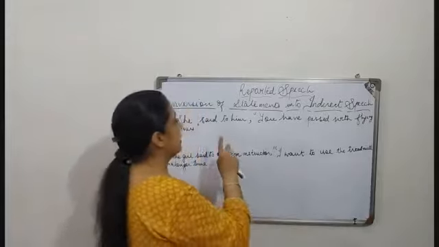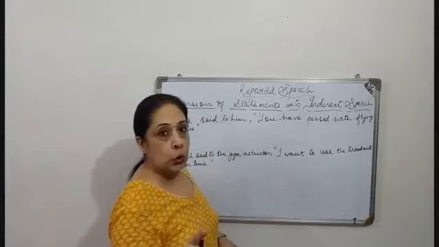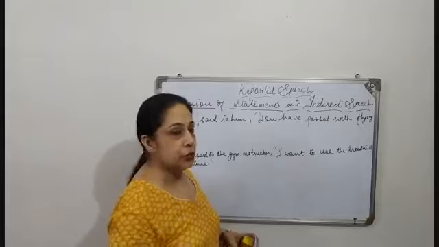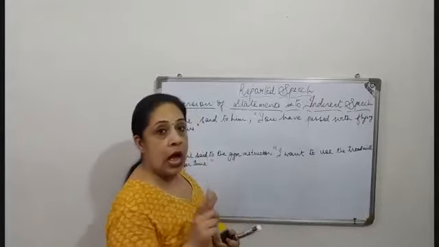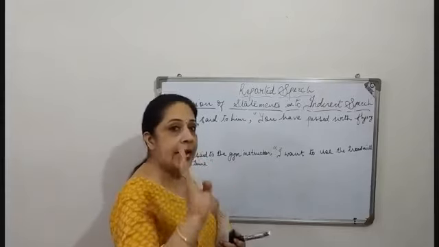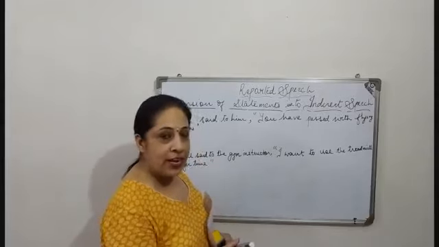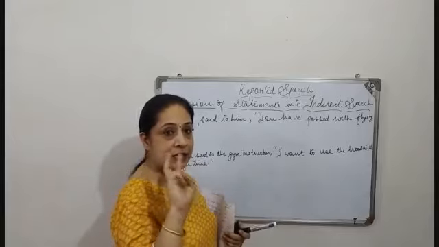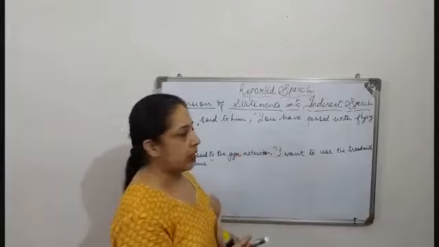And said to becomes told, or there are more reported verbs which we will do gradually. You should know how the pronouns are changed, how tenses are changed, how place and time words are changed. And if it is first person, then how the pronoun changes, second person, third person. So we will discuss all today.